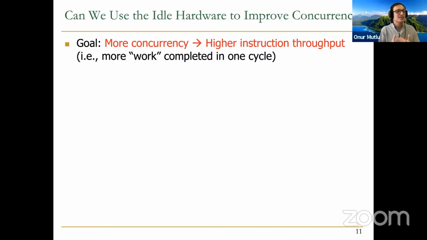If we can reduce the cycles per instruction, or in other words, increase the instructions per cycle, these are inverses of each other clearly, then we can reduce the execution time of a program. Of course, while we're doing that, we should be careful that we do not increase the clock cycle time significantly, right? We want to reduce cycles per instruction or improve instructions per cycle, but we should not increase clock cycle time significantly. And that's the idea of improving concurrency in general.